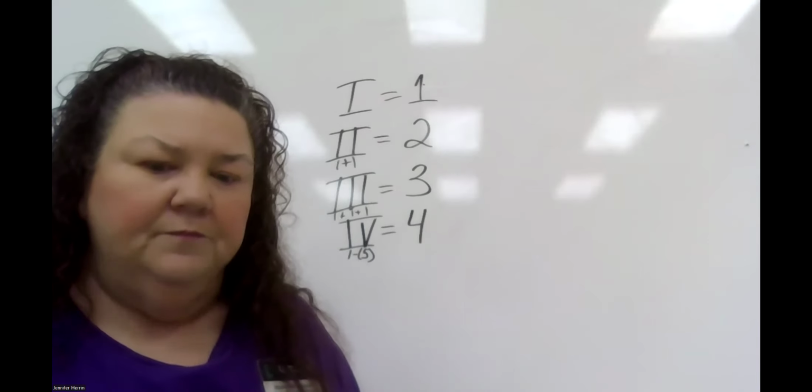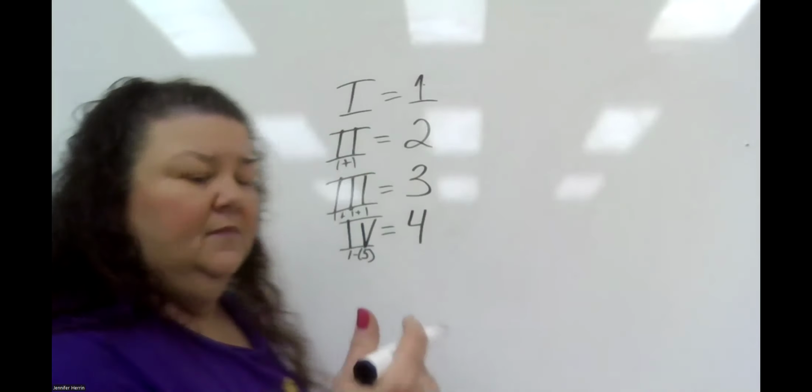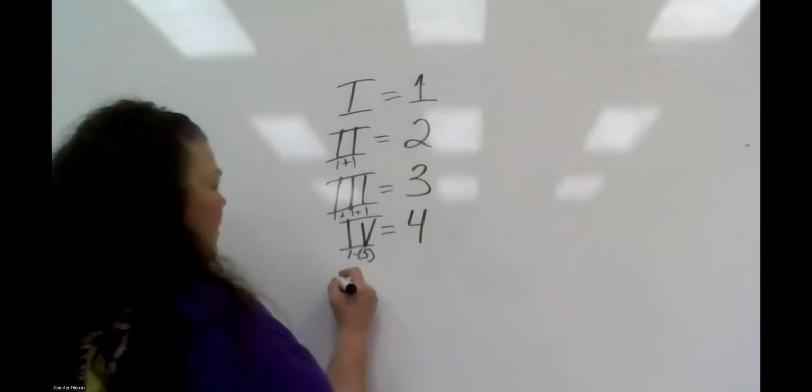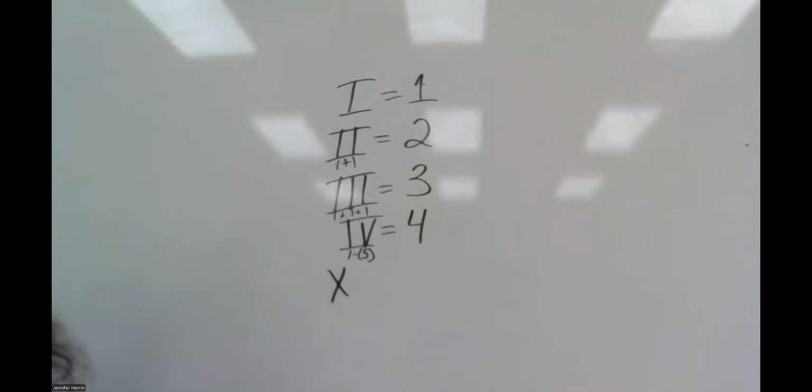Our next rule says when a numeral of smaller value comes between 2 numerals of larger value, the subtraction rule is always applied first, and then the addition rule. So let's make that one make sense. The letter X represents the Arabic number 10.